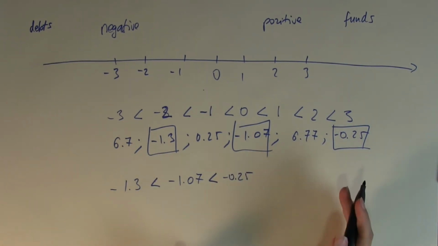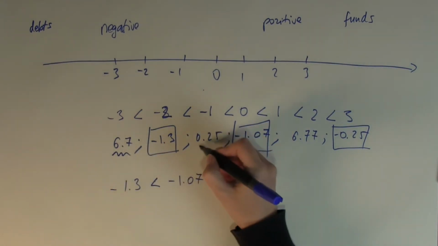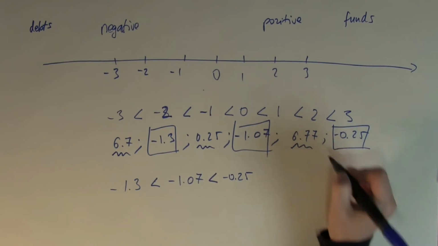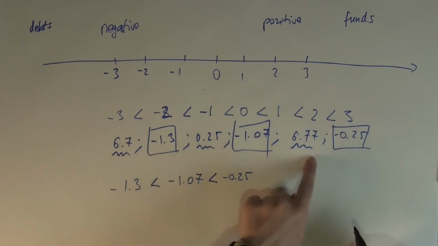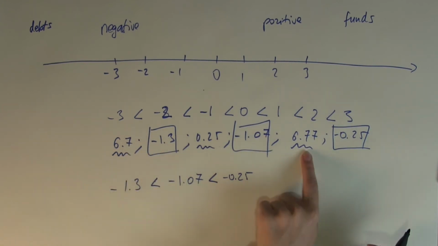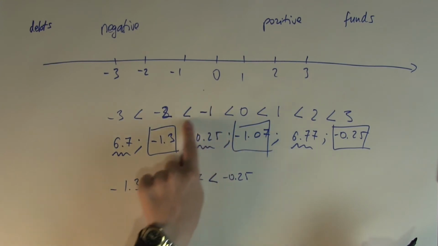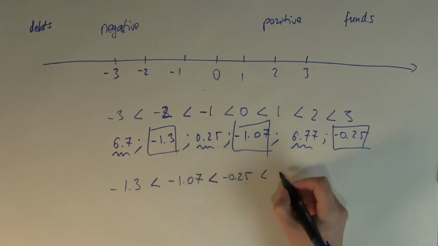There are no more negative numbers, so now these are the positive numbers. Which one is the smallest out of these three? Well, 6.70 or 6.77 are quite big amounts, so therefore 0.25 is the smallest.